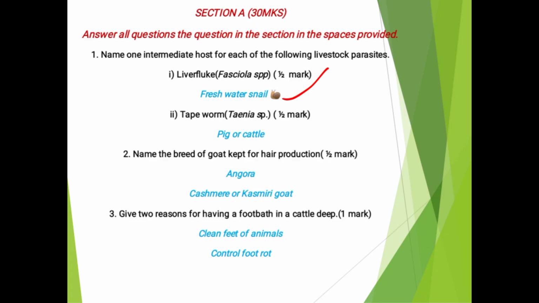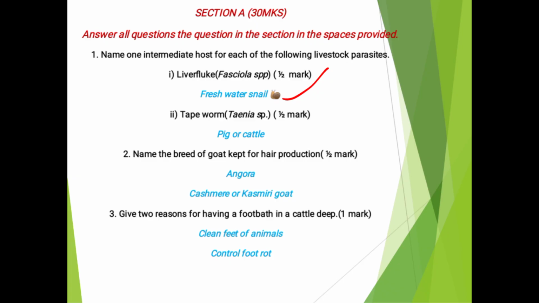When we talk of intermediate host, we mean that host that this parasite grows or develops in but does not reproduce. The host that the parasite reproduces in or multiplies in number in, that one becomes the primary host. But in this case, the intermediate host of Fasciola species is freshwater snail.